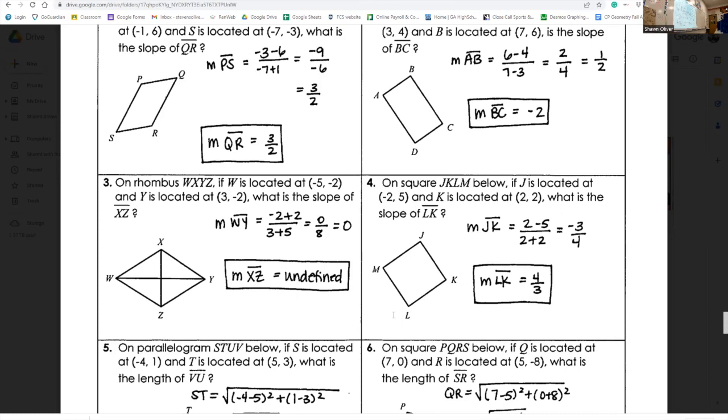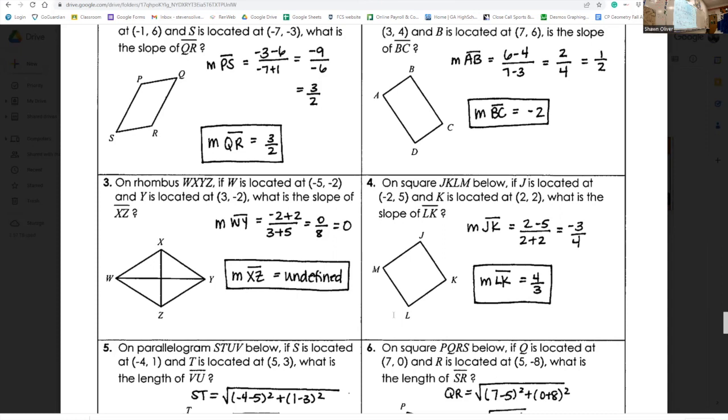If zero is in the denominator, it's undefined. You can't take nothing away from something. Mathematically, it's not possible. A 0 in the numerator is fine, because that would be 0.